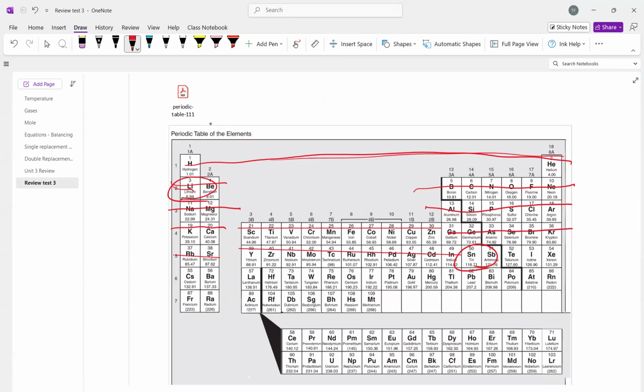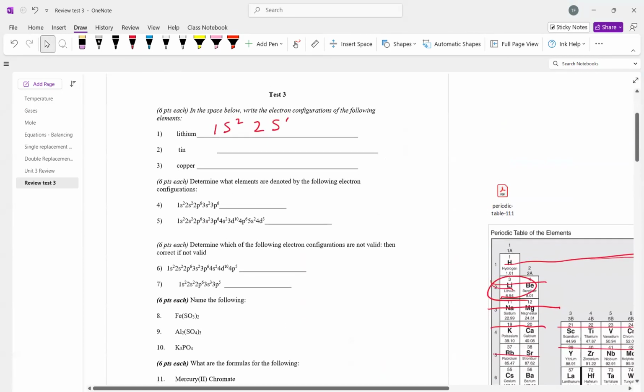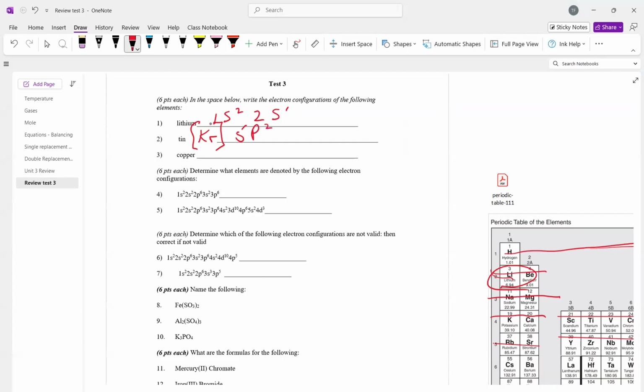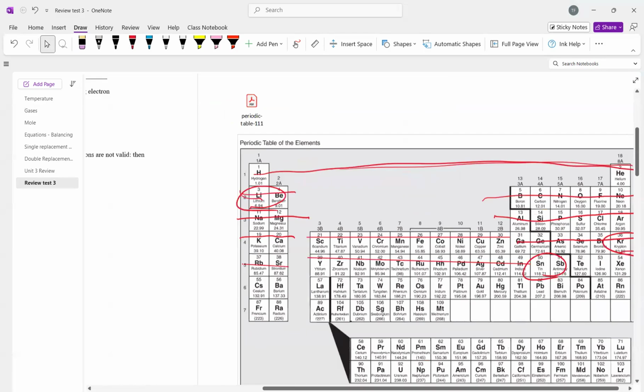Now, the other way to do it would be to insert the nearest noble gas, which would be krypton. So let's do it both ways. Let's do the short one first. Okay, so we're 2 into the P's at shell number 5.